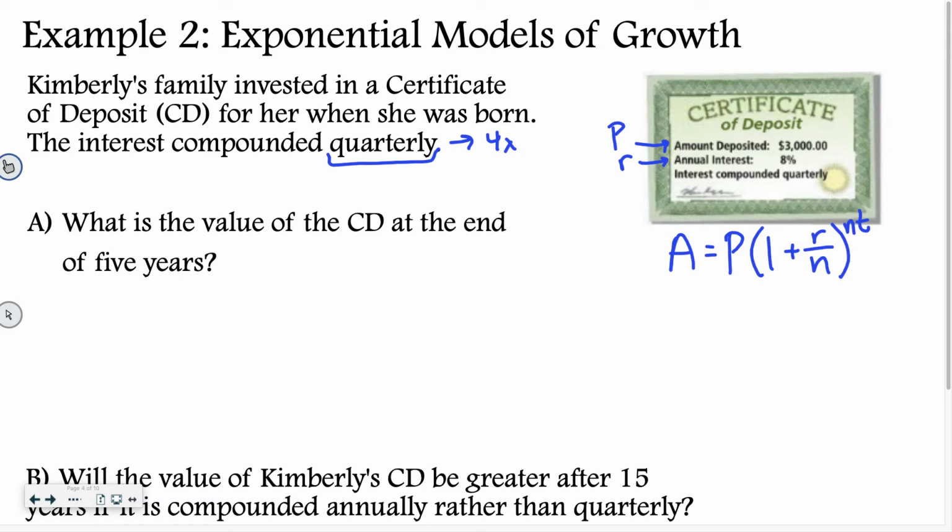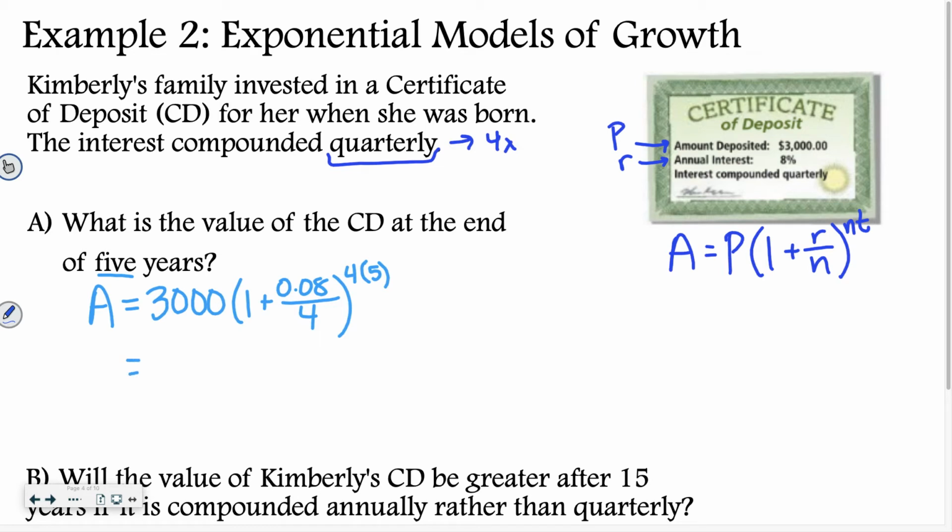So let's fill in our variables. So the amount would be equal to the principal, which was 3,000. Then I'm going to say 1 plus my rate is 8%, so 0.08. Compounded quarterly, that's 4 times, so 0.08 divided by 4. And then I'm going to say compounded 4 times the number of years, which we were told just now is we're looking at 5 years.